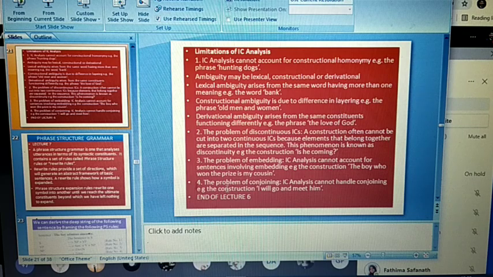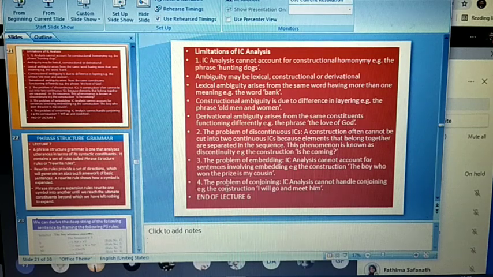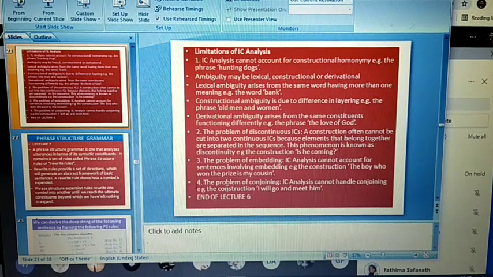Day before yesterday, Kozhikode Mayor Dr. Bina Philip was complaining about the attack of stray dogs and the necessity of neutralizing them. So this kind of ambiguity cannot be resolved in IC analysis. Does this mean dogs which are used for hunting, or the process of attacking or hunting dogs? This is one of the limitations. Is it clear?